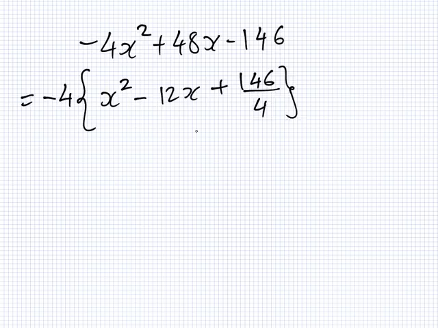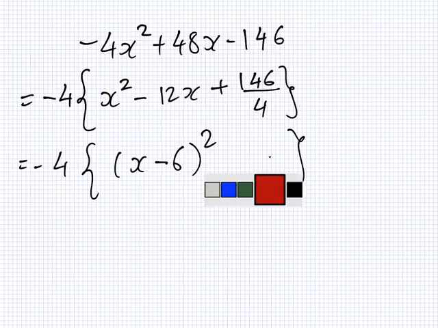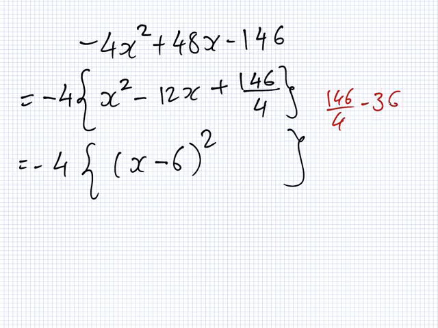That's minus 4 times x minus 6 squared, and then we need 146 over 4 minus 36.